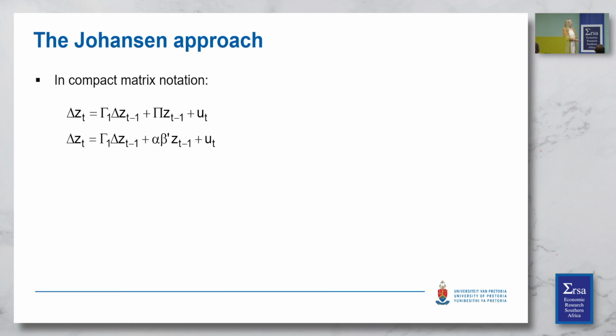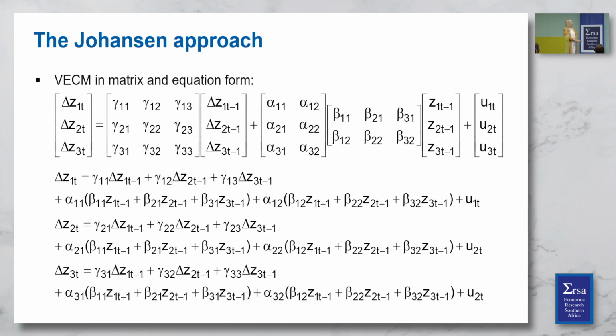Just in compact matrix notation, that Pi is equal to the alpha beta prime. And you can see a lot of that matrix up here translates to 3 equations in first difference form. This is money, income, interest rates. Potentially I can have 2 long run relationships.